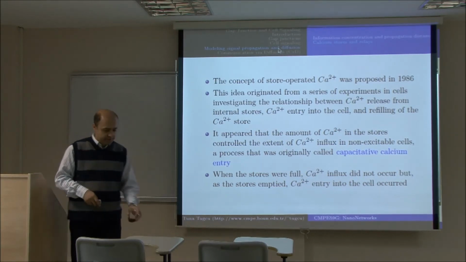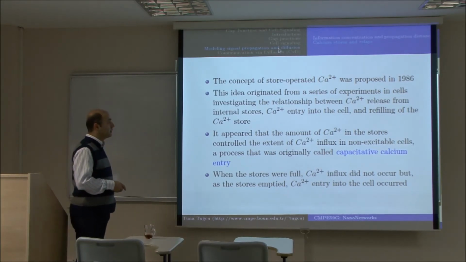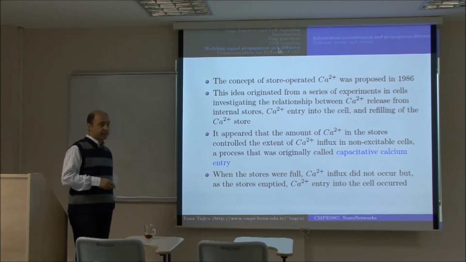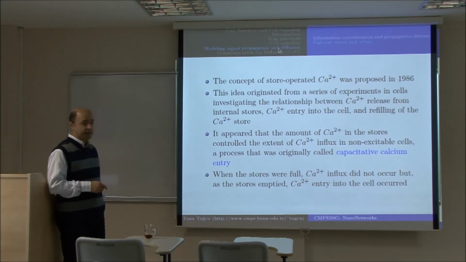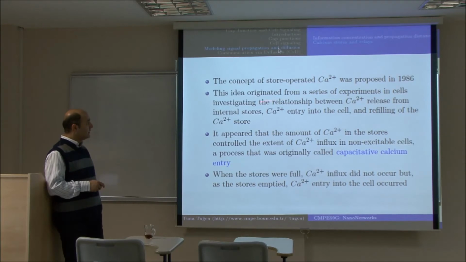The concept of using calcium waves, or the existence of calcium waves with store-operated calcium ions, was proposed in 1986. The idea originated from a series of experiments that were done with the cells while investigating the relationship between the calcium ion release and the internal stores, the endoplasmic reticulum and mitochondria.